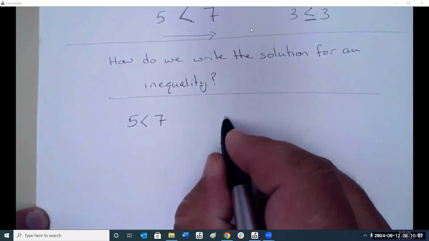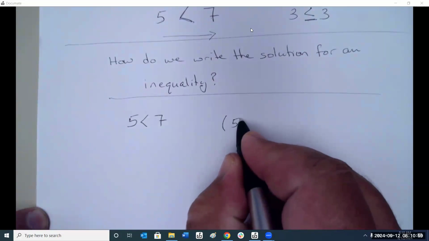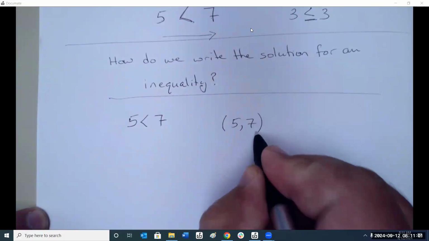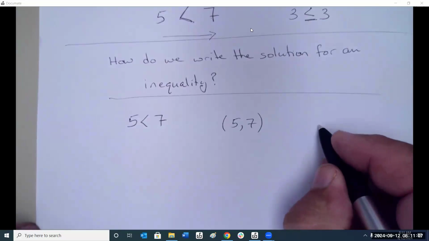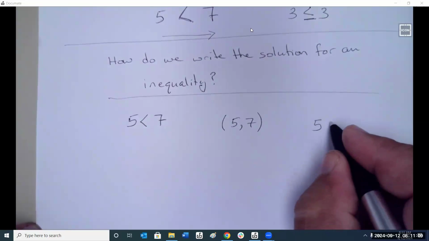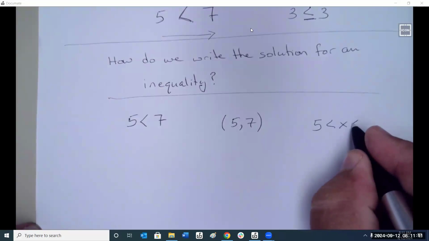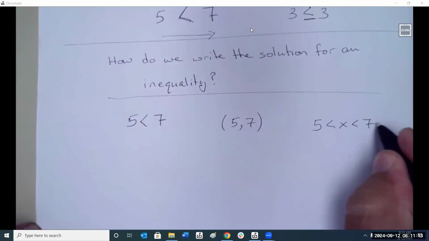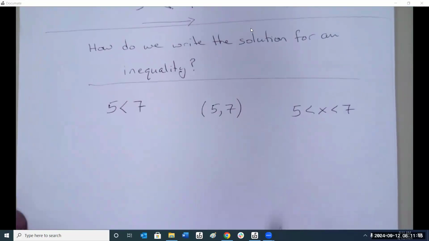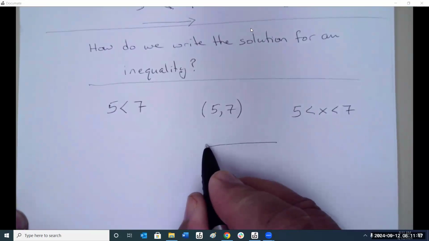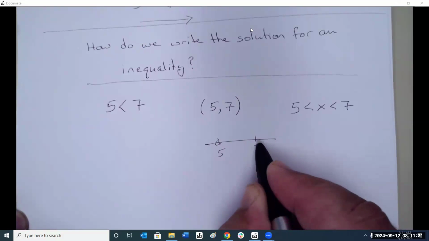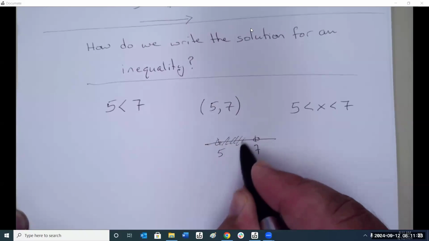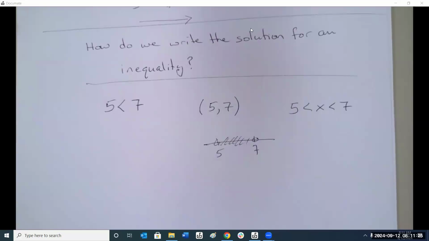We can write it like that. Like that. We can graph it.